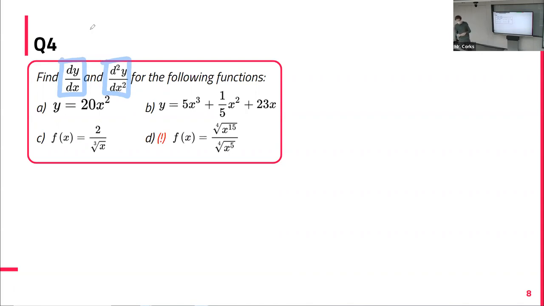And then I'll give you some more time to do C and D. This is 2 over cube root x.